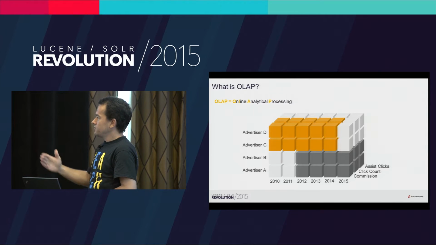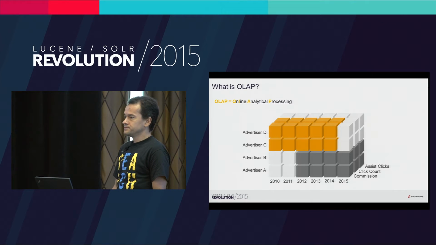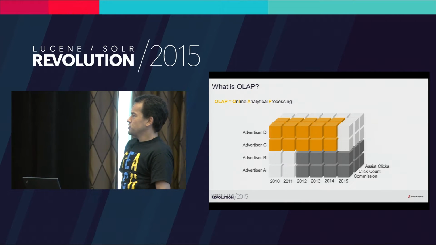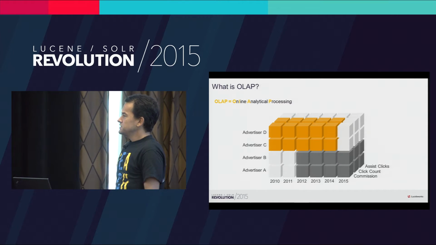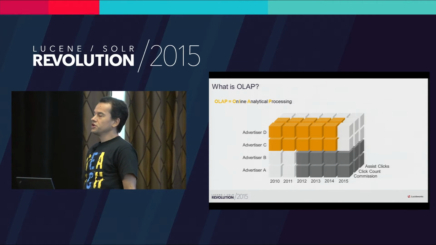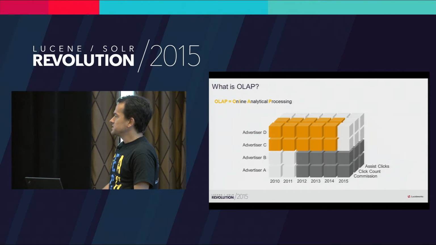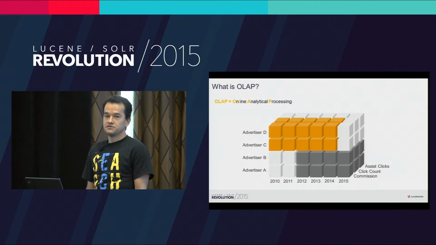And I have a few measures like assist clicks, click count, and commission. Such a pre-aggregation is then very useful if you want to respond in real time to the question, for example, how many assist clicks has advertiser B in 2015?